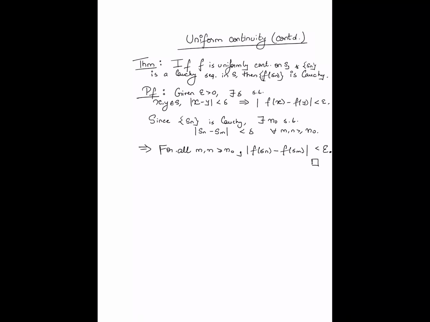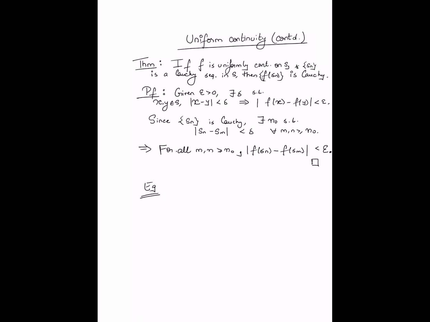And that in turn follows from the Cauchiness of Sn. So yeah, that's it. The statement is fairly straightforward. If f is uniformly continuous, a Cauchy sequence in the set S will result in a Cauchy sequence of function values.